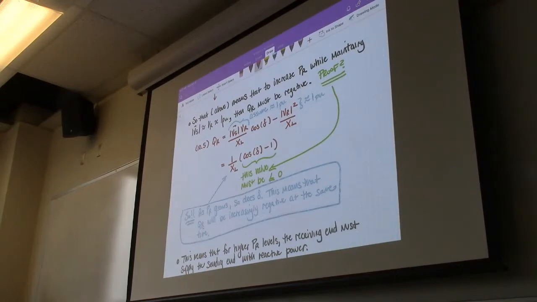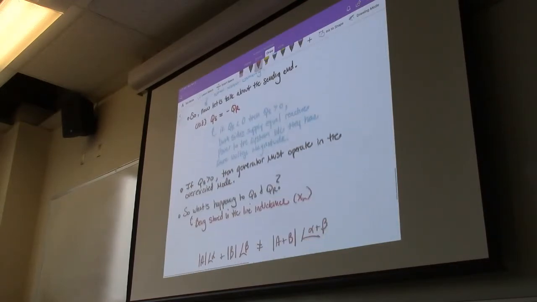And we've seen before that there's a relationship between real power and voltage angle, and there's a relationship between reactive power and voltage magnitude. So this makes sense intuitively a little bit, that in order to boost the voltage at the receiving end, that receiving end load is going to have to supply some reactive power in order to do that.